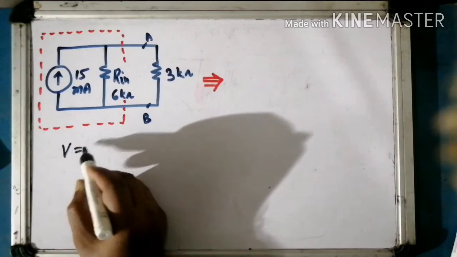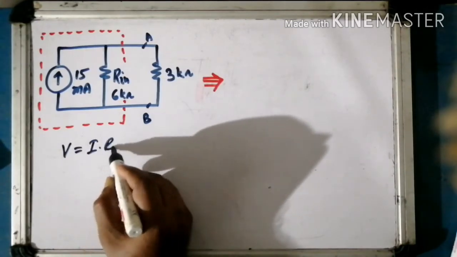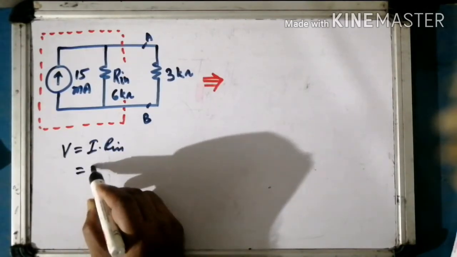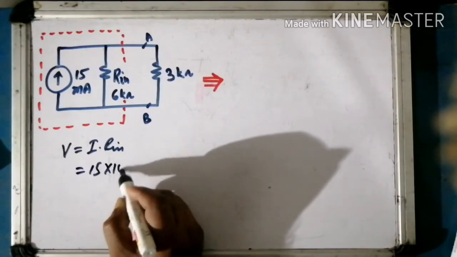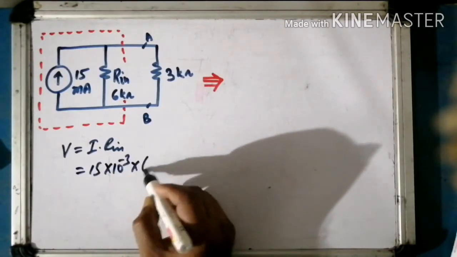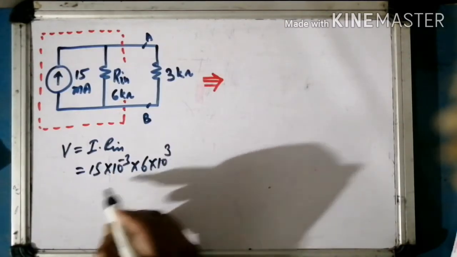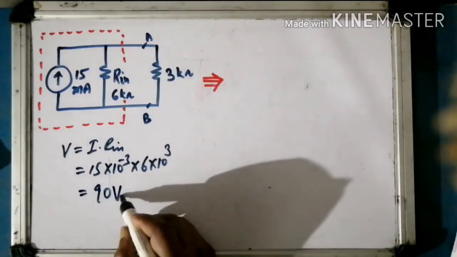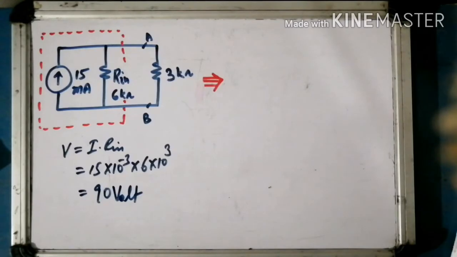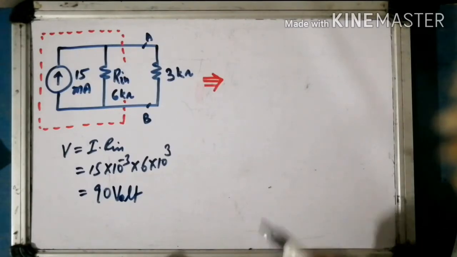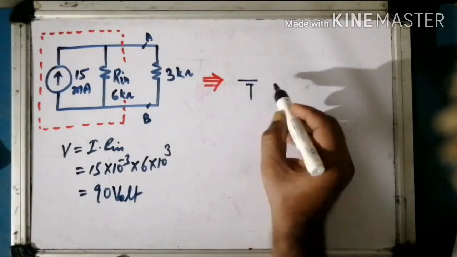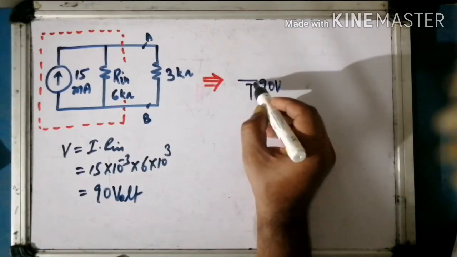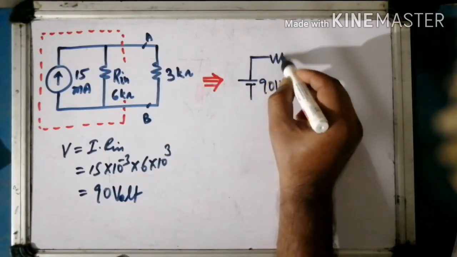So V is equal to I into Rn. That's why it is 15 into 10 to the power minus 3 into 6 into 10 to the power 3. It becomes 90 volt. Right? See the equivalent diagram having the value of 90 volt and Rn in series.